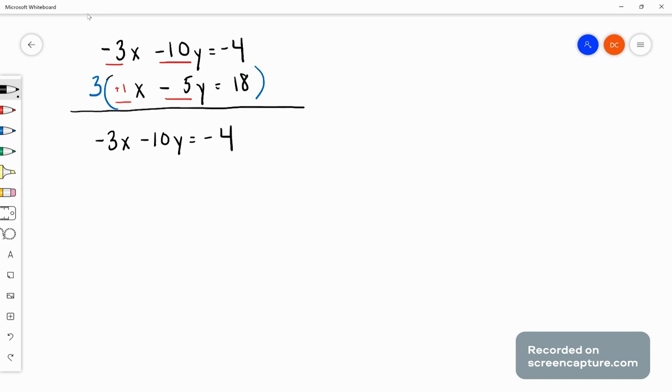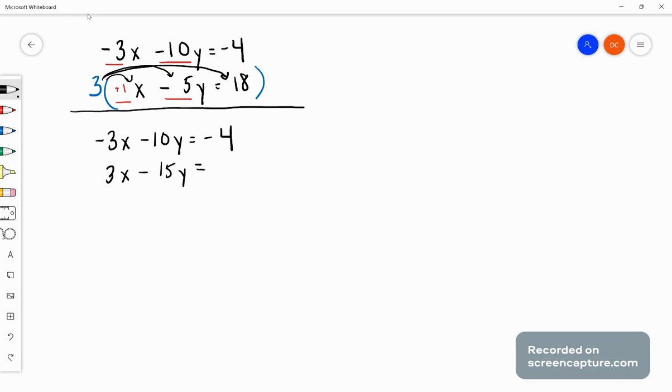And now this guy, I'm going to distribute this 3 to each part of this equation. So 3 times x is just 3x. 3 times negative 5 is negative 15y, or minus 15y.